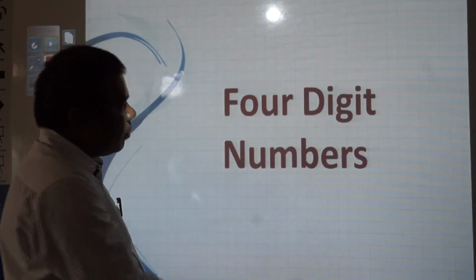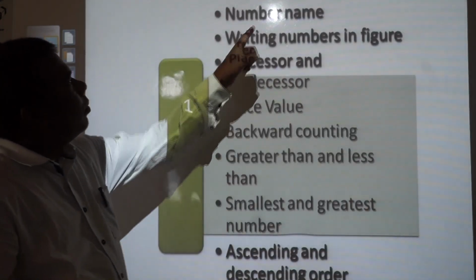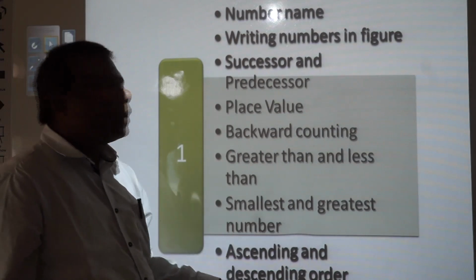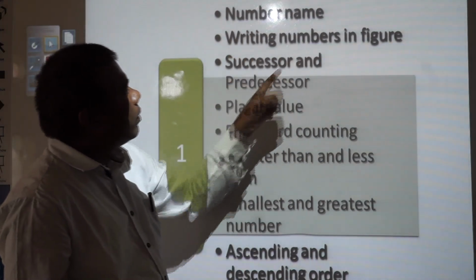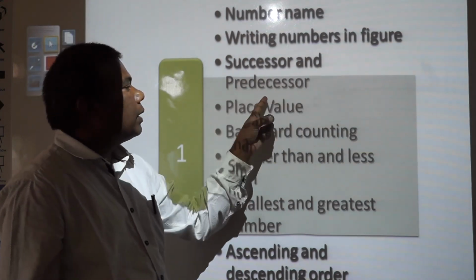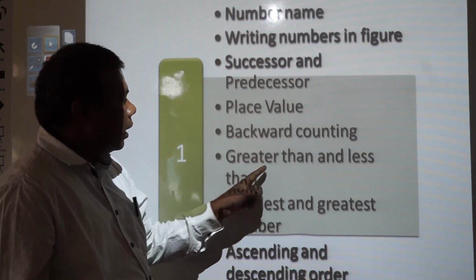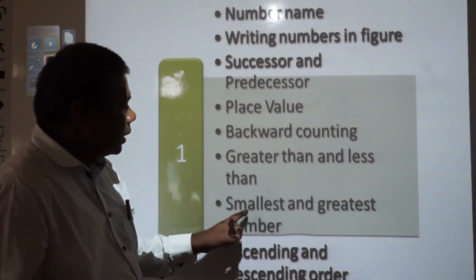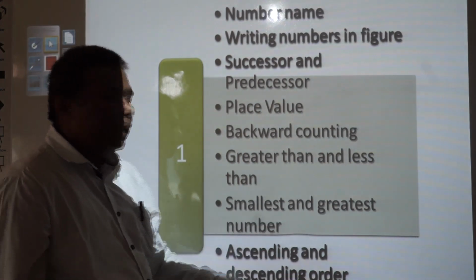So here you see what content you have. Topics we are going to discuss, these are all: number name, writing numbers in figure, successor and predecessor, place value, backward counting, greater than and less than, smallest and greatest number, ascending and descending order.